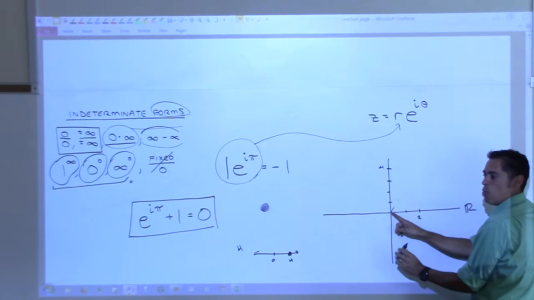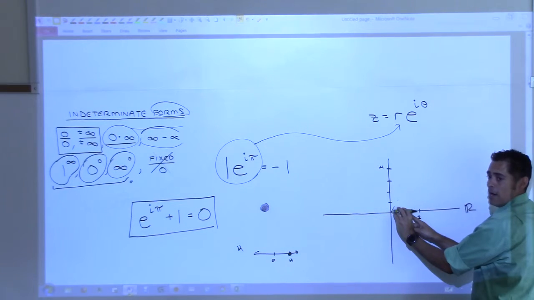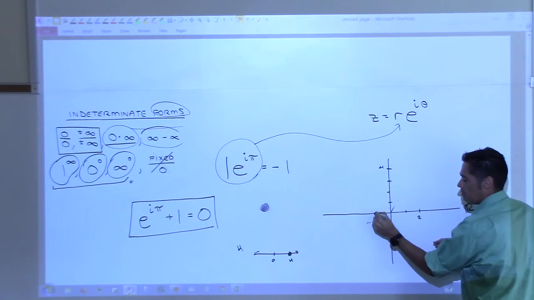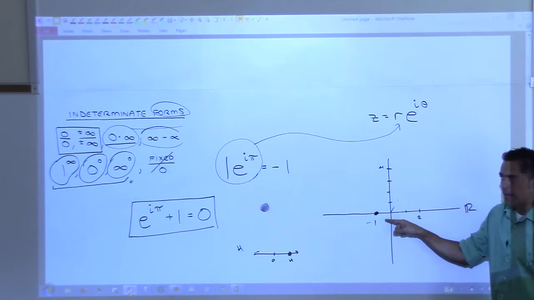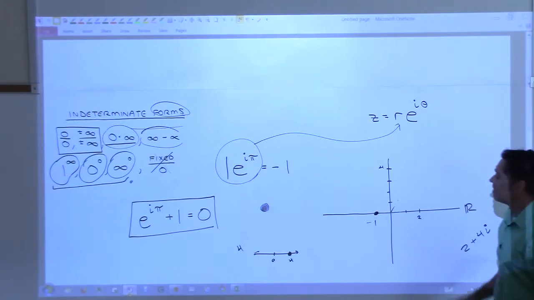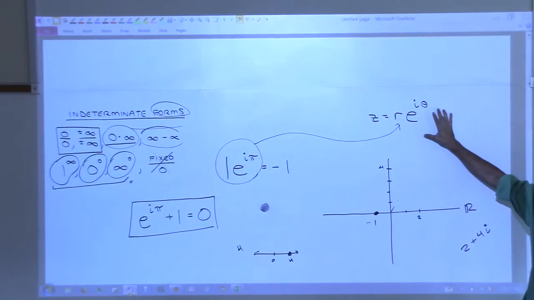I want you to walk out 1 and rotate by what? Pi. And where are you going to land? Right there. What is that number? -1. Yeah, I know, this stuff is awesome. It's crazy.